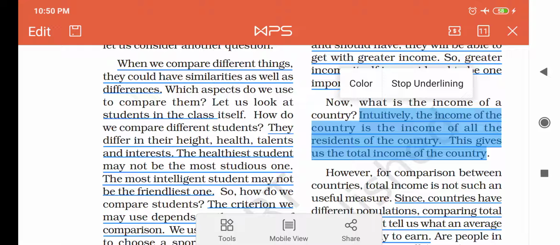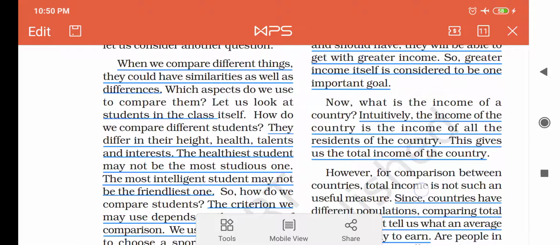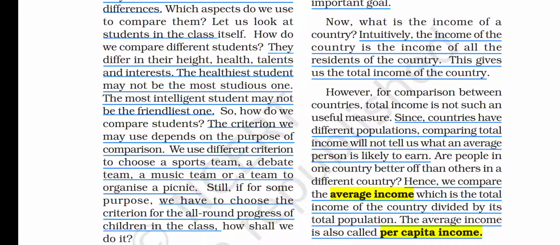Just in general, we can think the income of the country is the income of all the individuals of the country. When we add it up, that will be the total income of the country. But will that make it clear who earns how much? Do you think that each and every citizen of a country will earn equally?